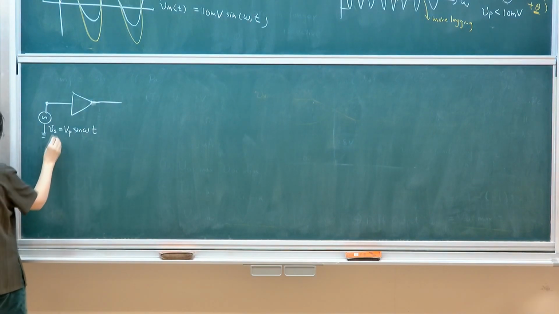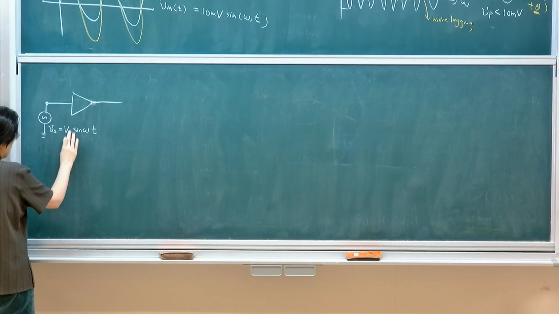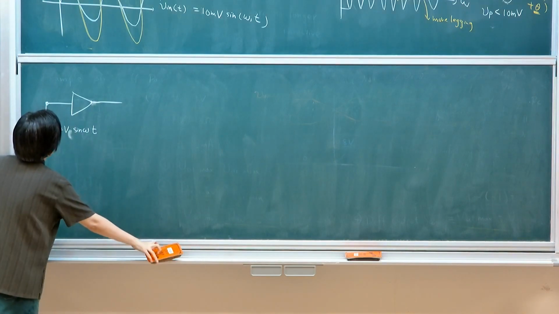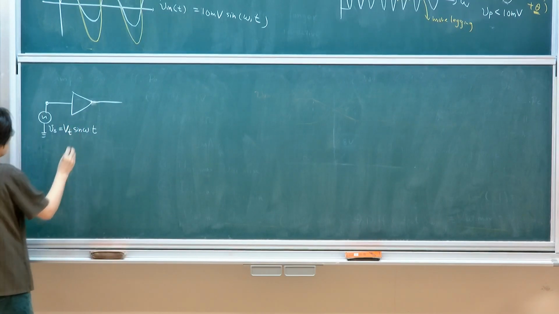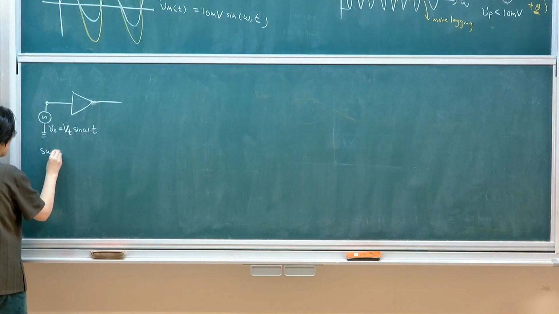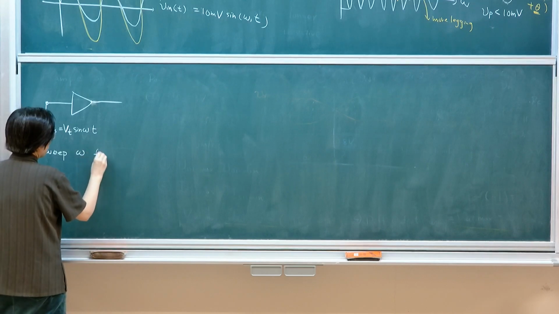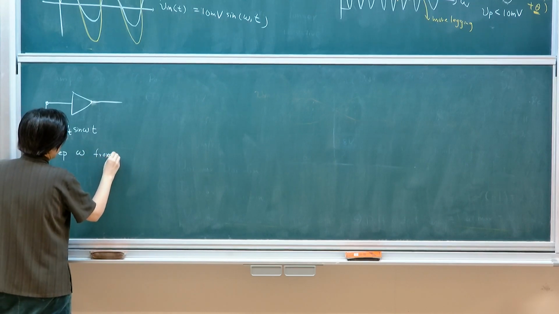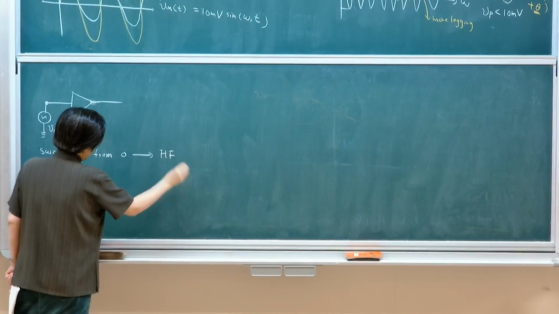And what I'm going to do is, instead of sweeping magnitude, I'm going to sweep, let's say, a test voltage. Okay, so I'm going to sweep frequency, omega. So I'm going to sweep omega from 0 to whatever high bandwidth the circuit allows.